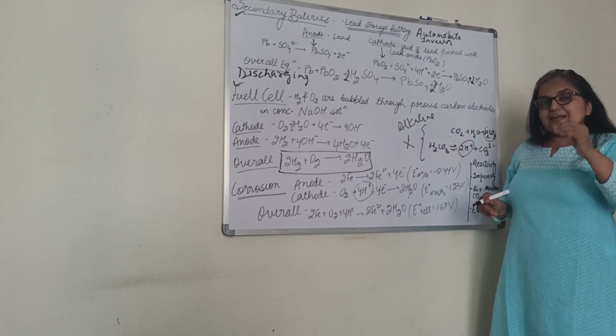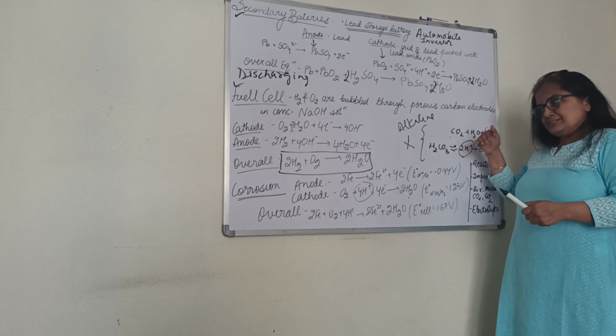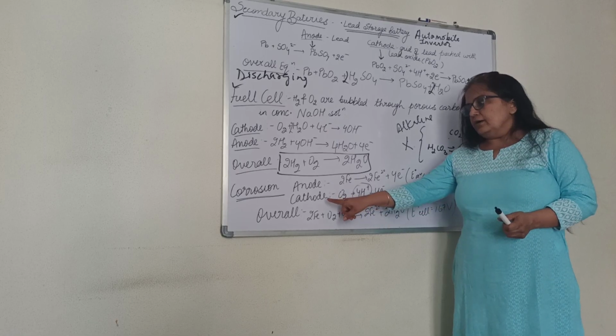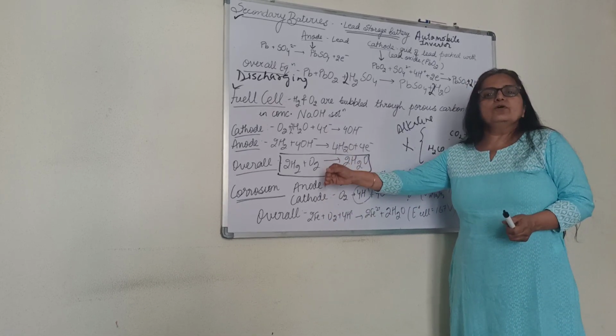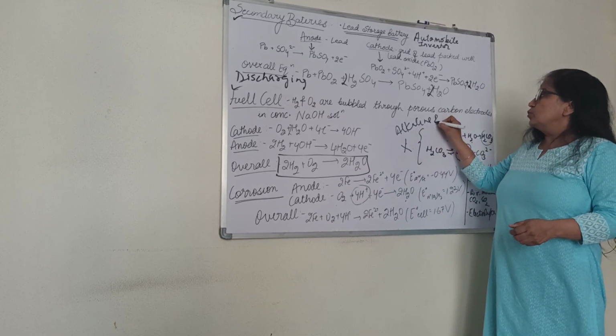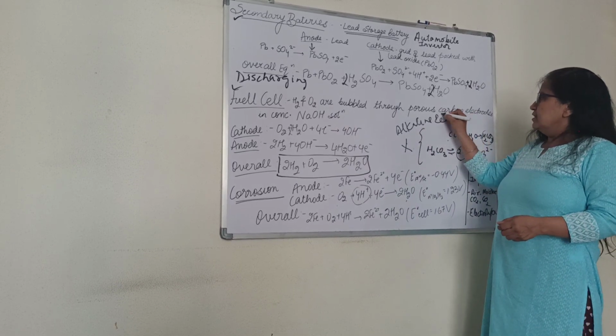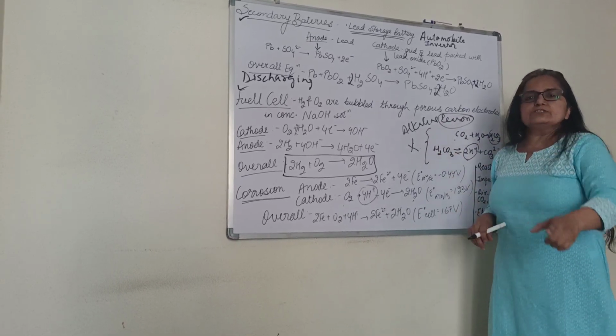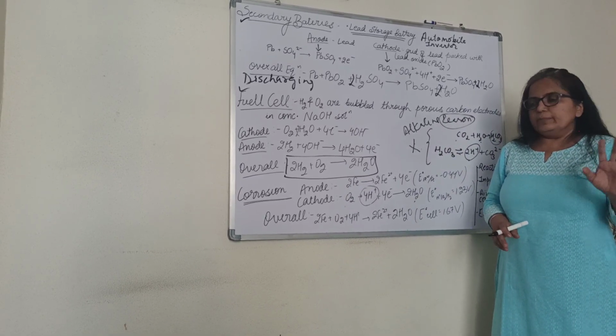Alkaline medium means less H plus. If H plus is less, the second reaction cannot occur. Therefore, corrosion will not be very effective in alkaline medium. This is again a reason question asked: why corrosion is not able to occur in alkaline media.